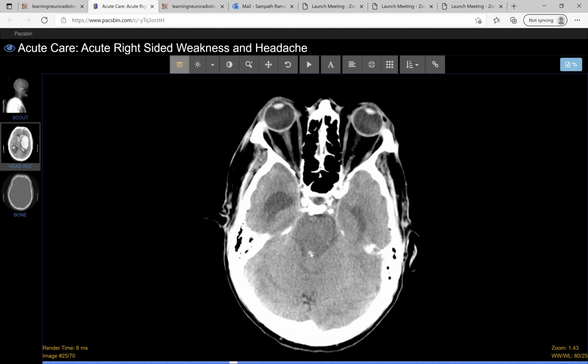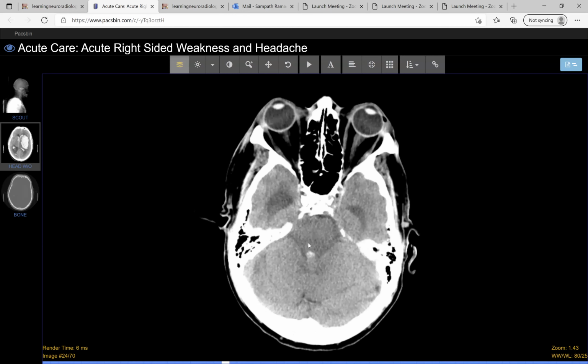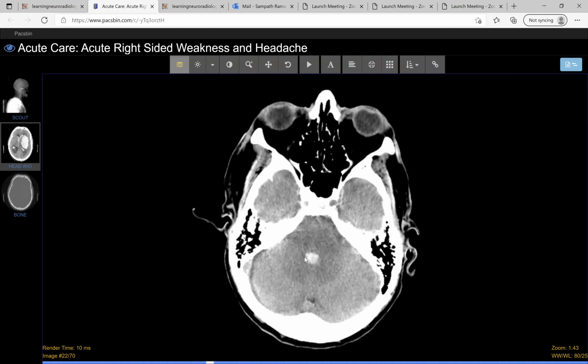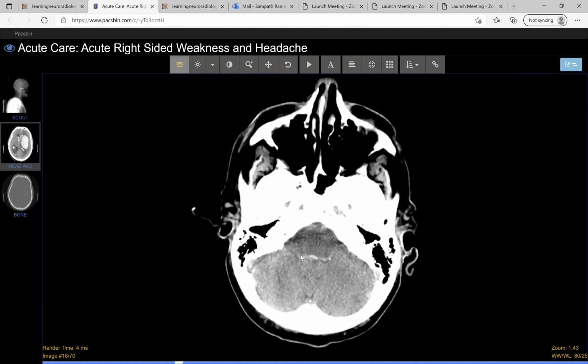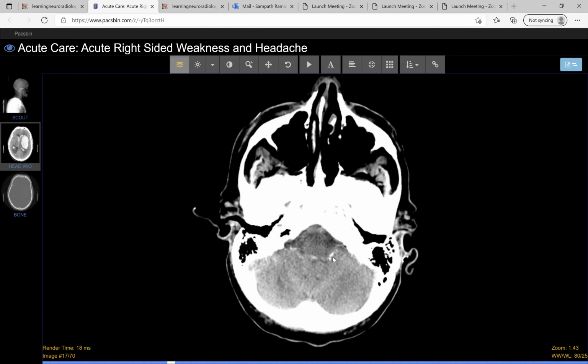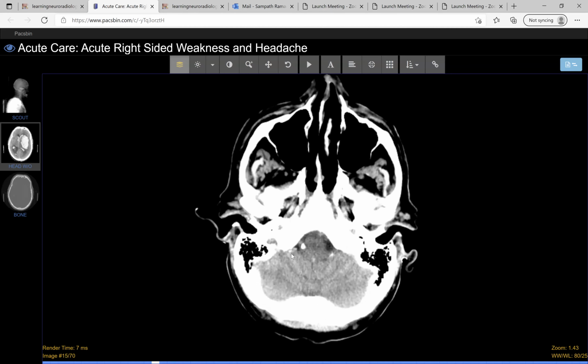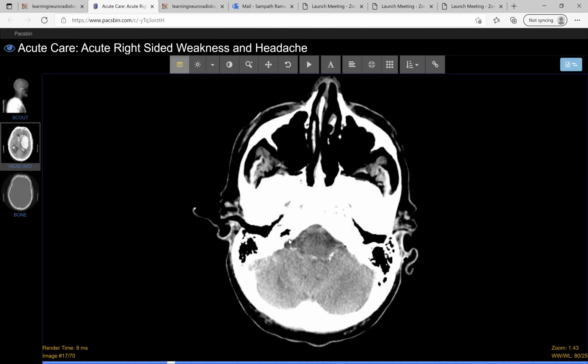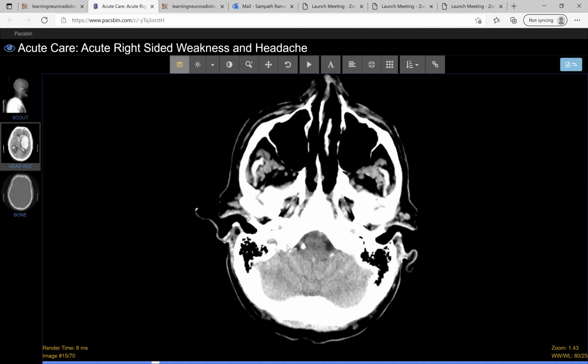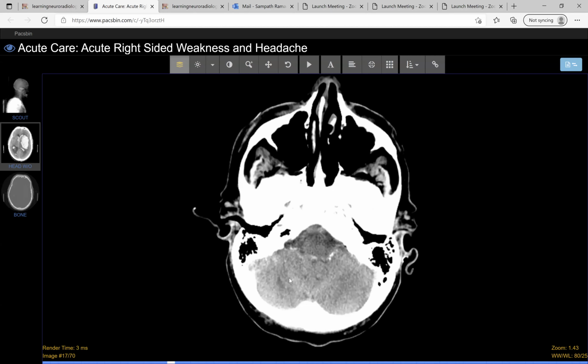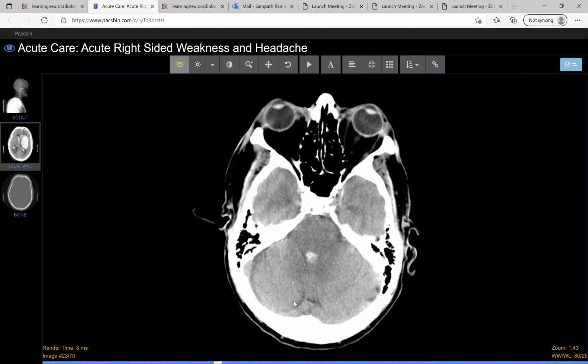It's very hyperdense here, and then going into the fourth ventricle here, and you can see it going down into the foramen of Luschka and foramen of Magendie, down into the CSF space of the spinal cord. So this is a massive hemorrhage.